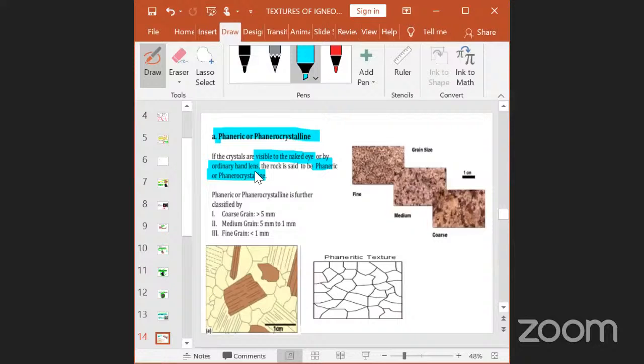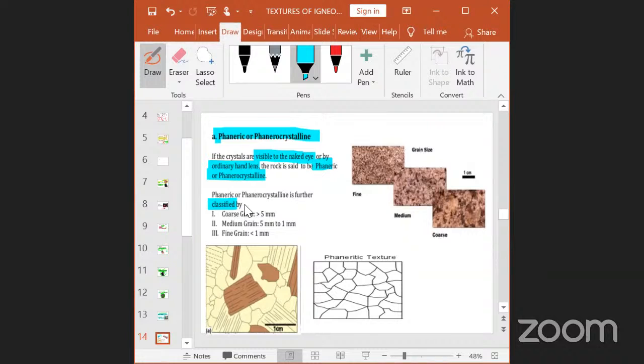You see, the phaneritic or phanerocrystalline is further classified. You see the difference here. This is an important thing for your examinations. Those are called types of crystallization, right?